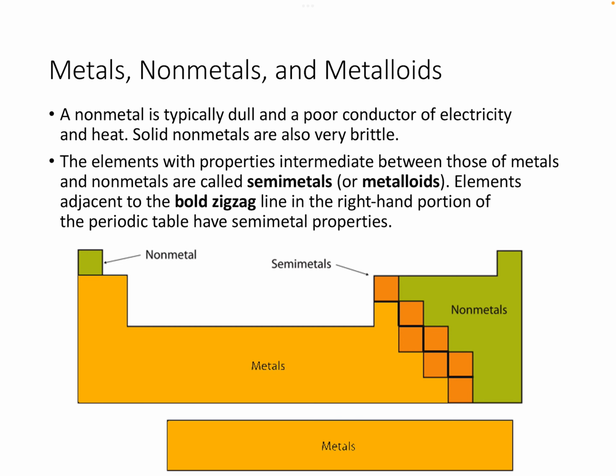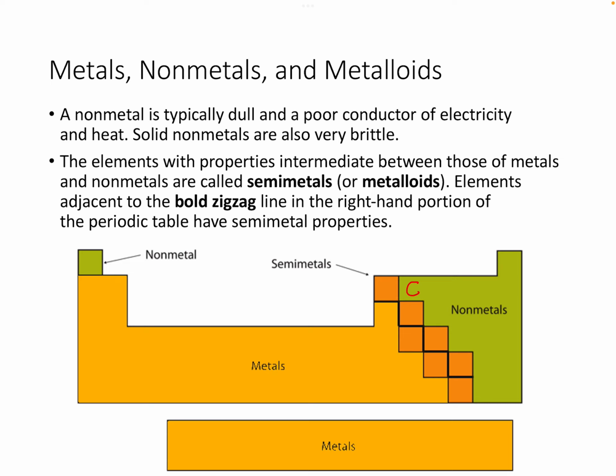Now, nonmetals are typically dull. They're usually poor conductors of electricity and heat, and solid nonmetals are also very brittle. So for example, pencil lead is actually not lead, it's carbon, and carbon, when it's a solid, is called graphite.